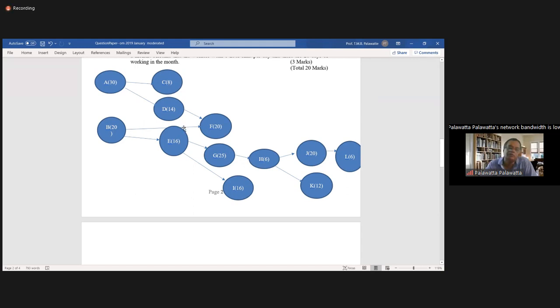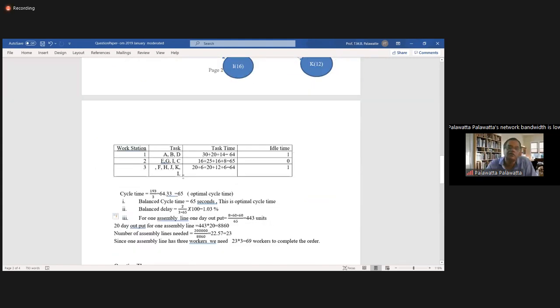Actually, for this particular question, some students had that combination, E, F, G, C. So then the cycle time had gone to 69. Their answer was not optimal, but correct.